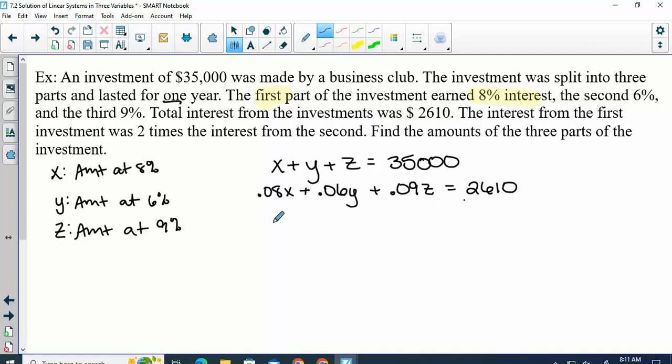How would I show the amount of interest from the first? Point. So first, if I'm talking about the interest, I don't just want to say x, because x is the principal. So the interest from that amount would be the 0.08x.